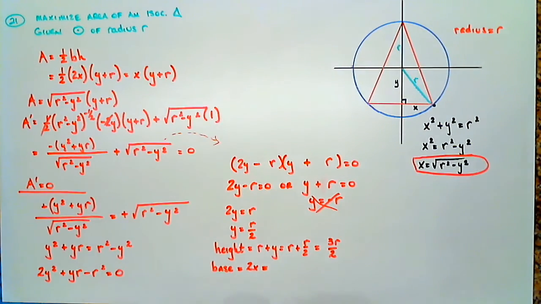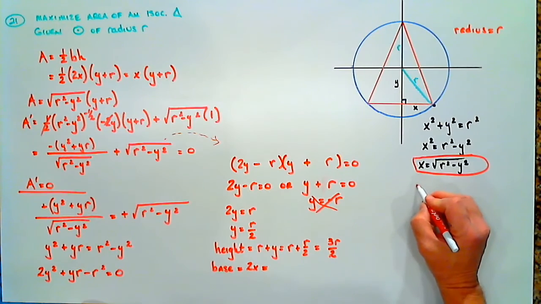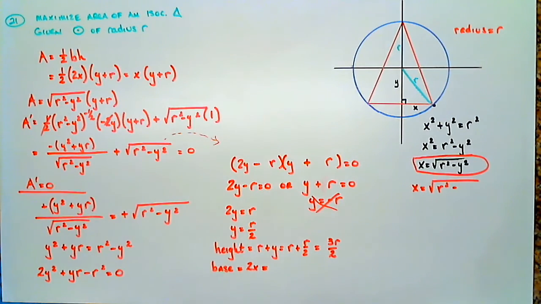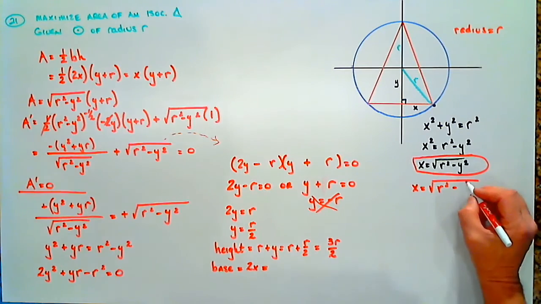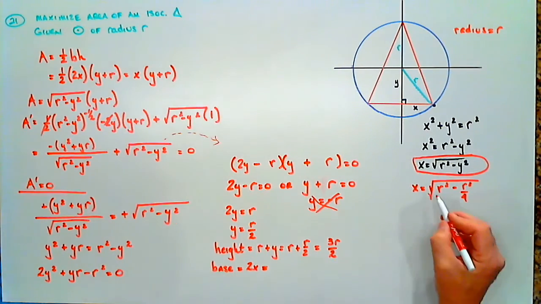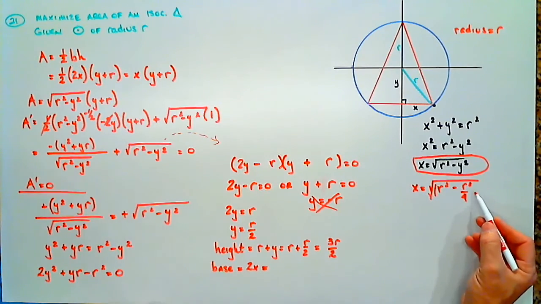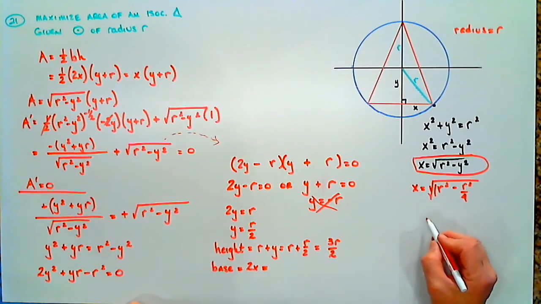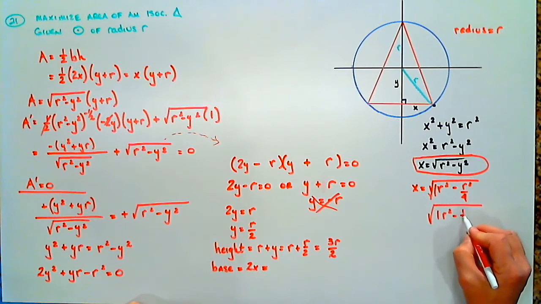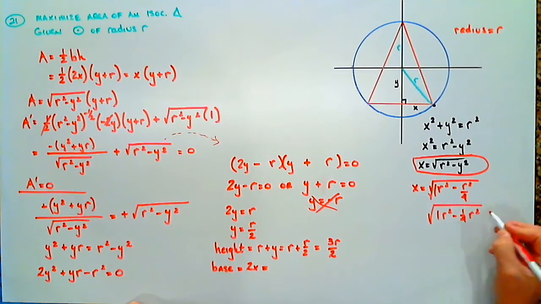To here. And we can say, okay, what does x equal? X equals the square root of r squared minus y squared. If we square y, we get r squared over 4. Well, we have 1r squared minus a fourth of an r squared, don't we? It's just 1r squared minus 1/4 of an r squared.